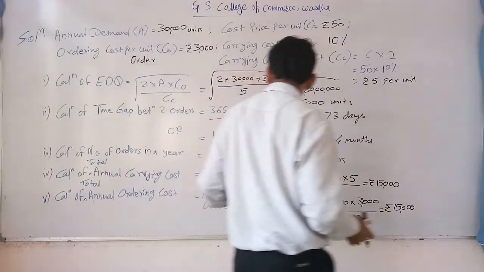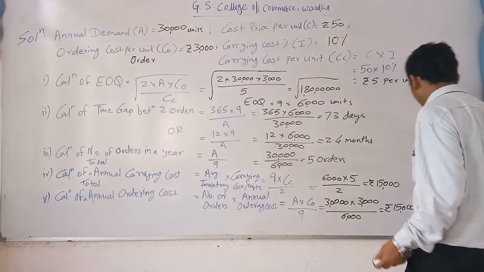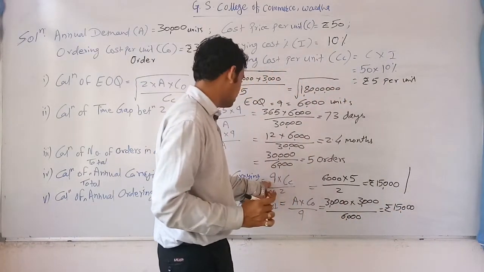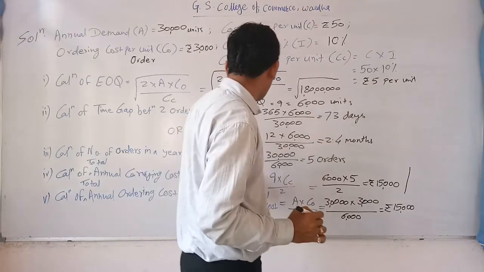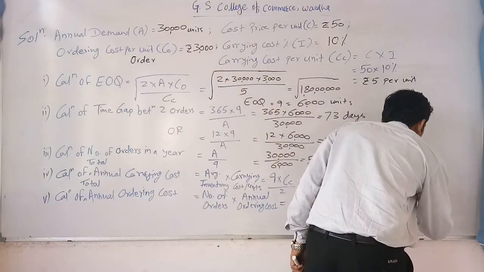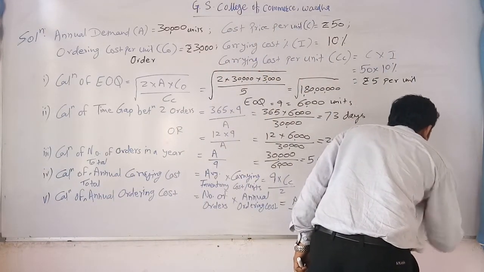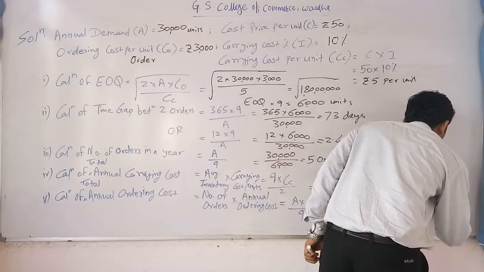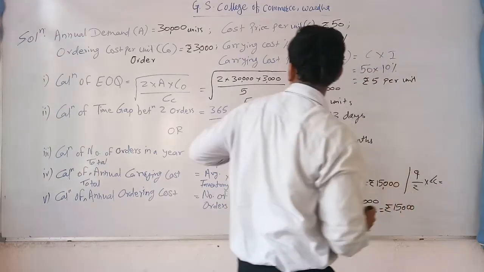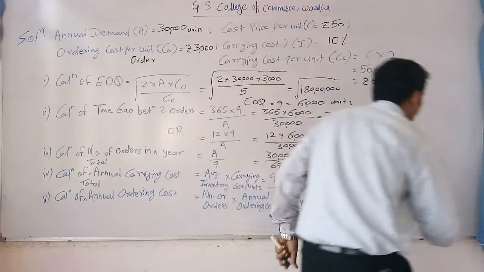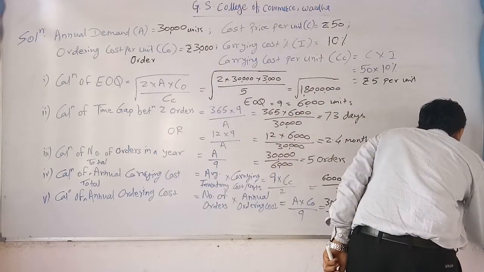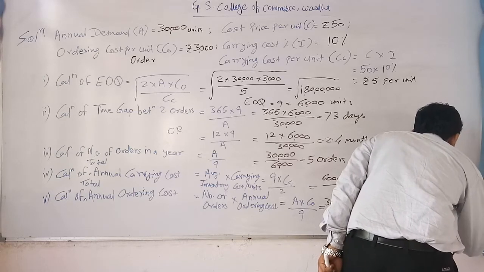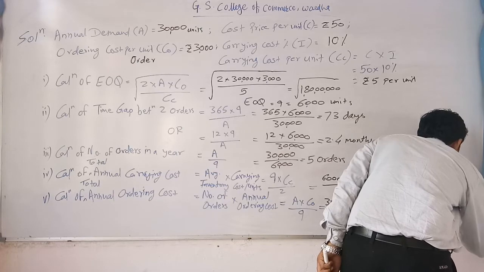We can calculate this by another formula. We can even calculate directly average inventory multiplied by carrying cost per unit. Average inventory would be Q divided by 2 into carrying cost. Q was 6,000 divided by 2 into carrying cost of rupees 5, and again our answer is 15,000.